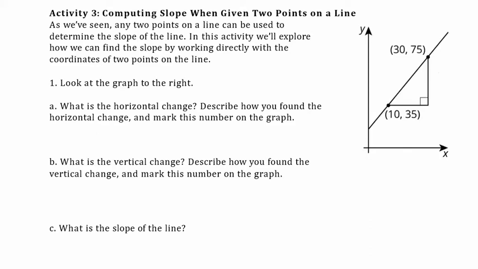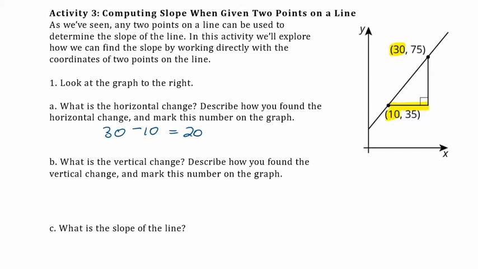What is the change in your horizontal distance? Well, you went from the point 10 units to the right of the origin over to 30 units to the right of the origin. So that horizontal change is a positive 20, which signifies moving 20 units to the right.